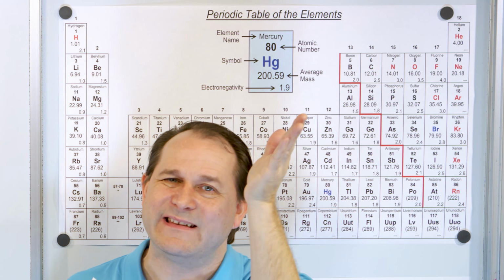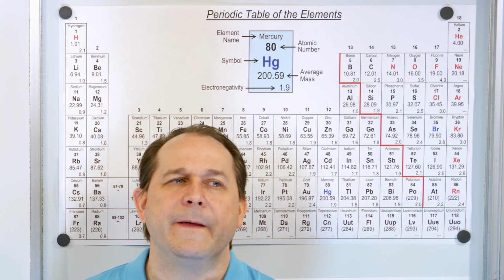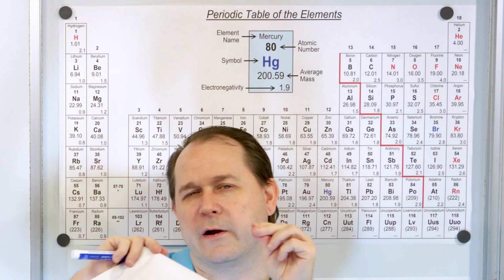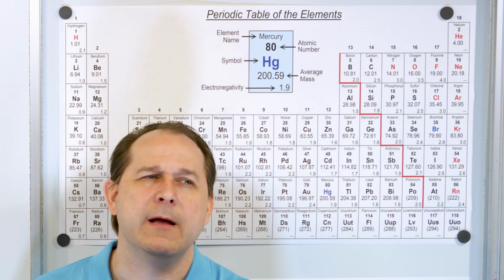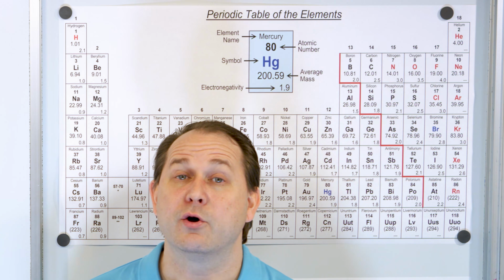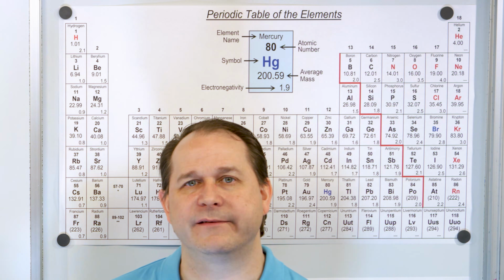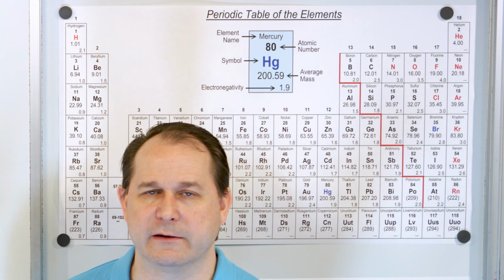So the elements near the staircase, the boundary of the metal and the non-metal, they would have maybe some ability to be drawn into a wire, maybe some ability to conduct electricity, but also maybe they have some non-metal character, like maybe they're not very strong, or maybe they don't conduct electricity as well as gold or copper or some other metal like this.